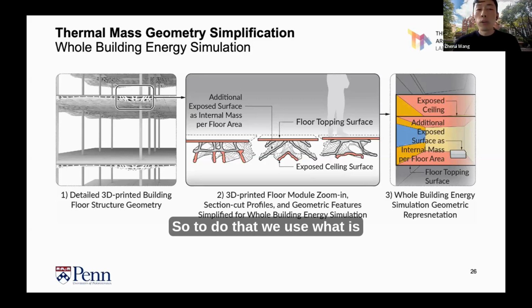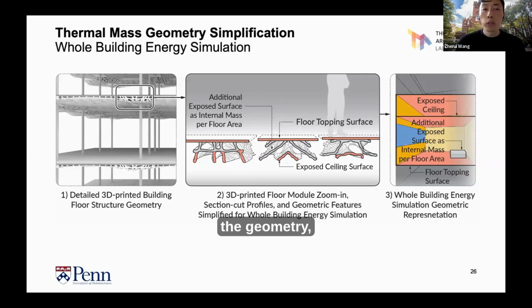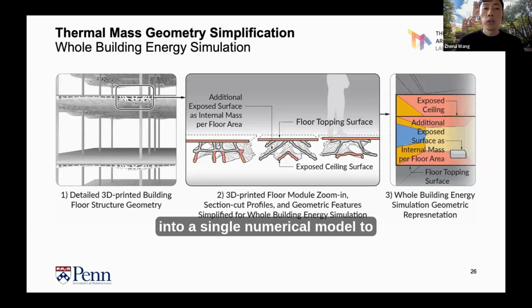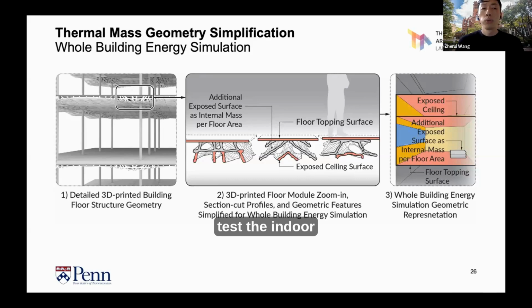To do that, we use what is called a whole building energy simulation model. This model takes the operational schedules, the programs, the geometry, as well as the building characteristics such as window to wall ratios, the materials of building structure and building enclosure into a single numerical model to test the indoor thermal conditions as well as the energy use related to buildings such as heating, cooling equipment, and so on and so forth.